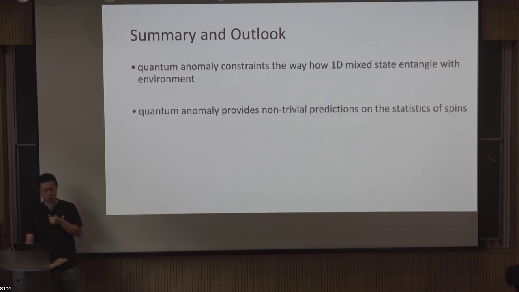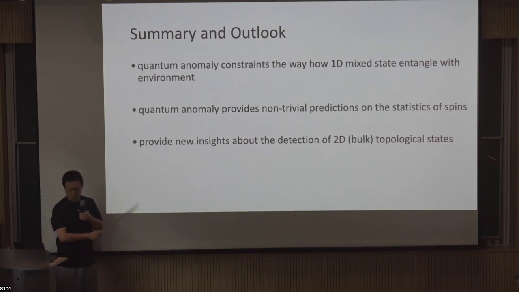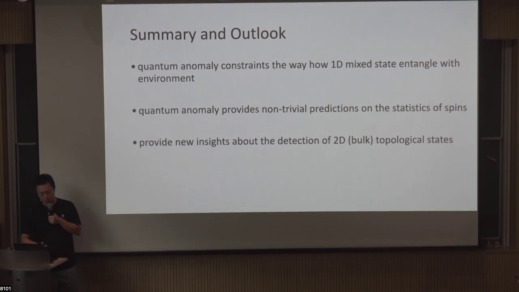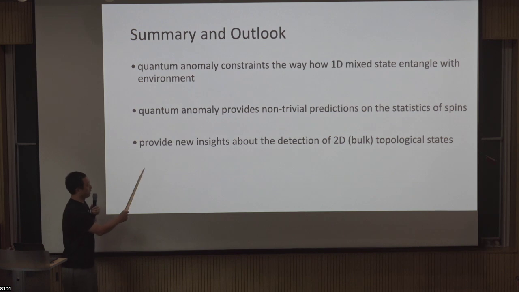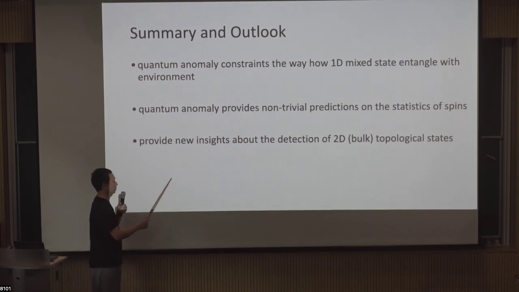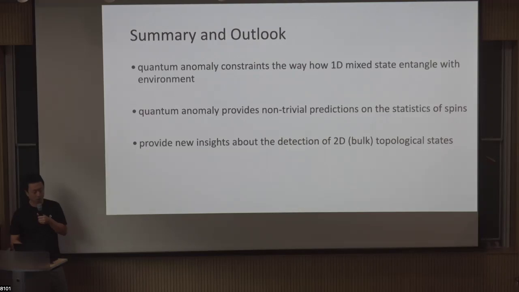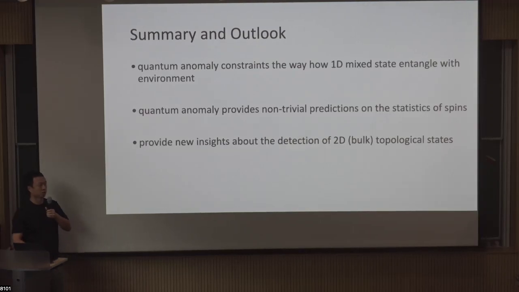Then I showed that it also provides non-trivial predictions for the statistics of spins. And in the third paper, which I didn't have time to explain, we also show that this way of thinking, the anomalous symmetry constraint on the 1D reduced density matrix, also provides new insights for the detection of 2D topological states, where the anomalous symmetry is indeed coming from 2D.